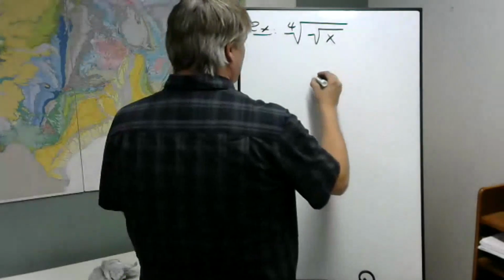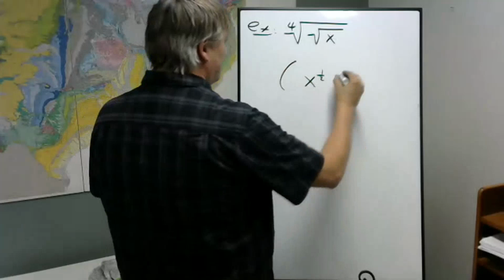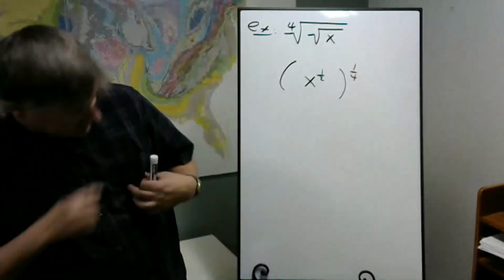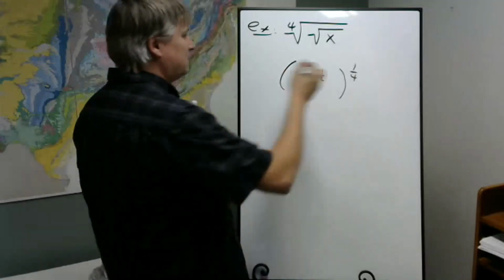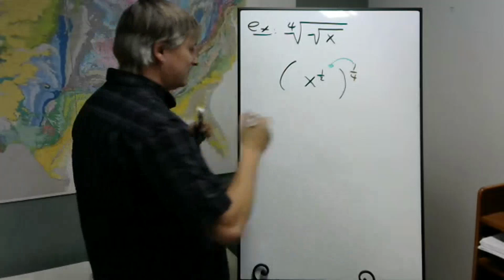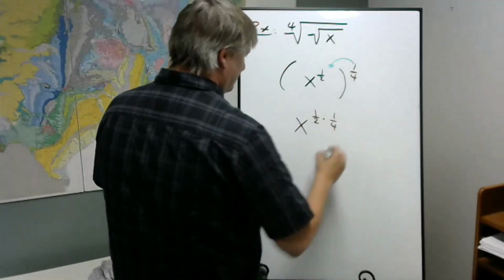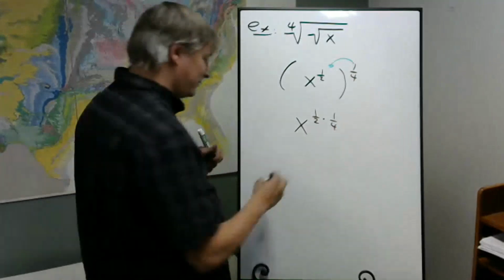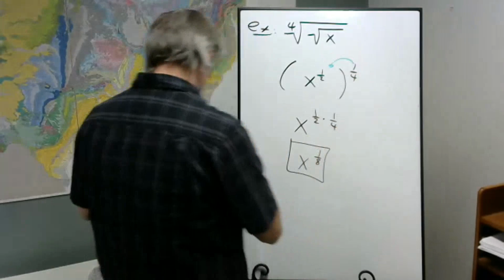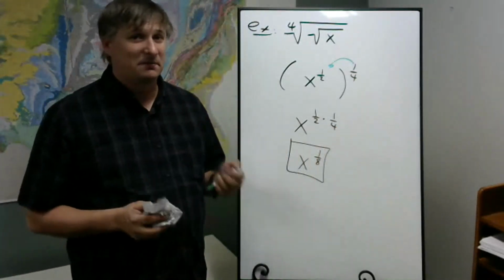So on the inside, we have x to the 1/2. On the outside, we have a 1/4. So the next thing we can do is distribute that as an exponent. X to the 1/2 times 1/4. X to the 1/8. And that's going to be your answer.